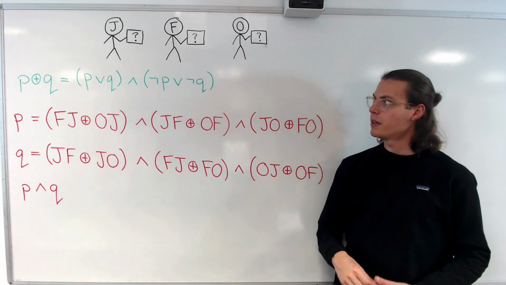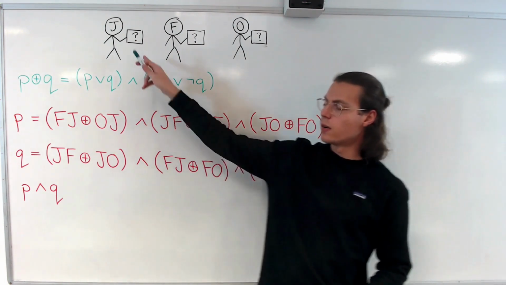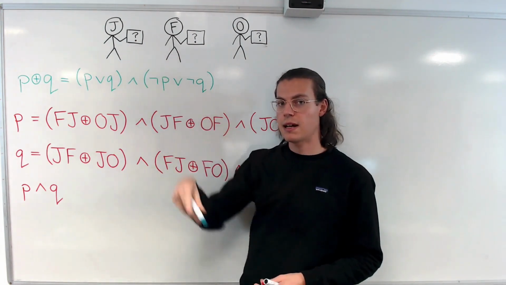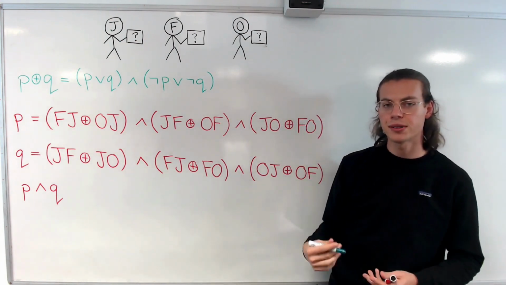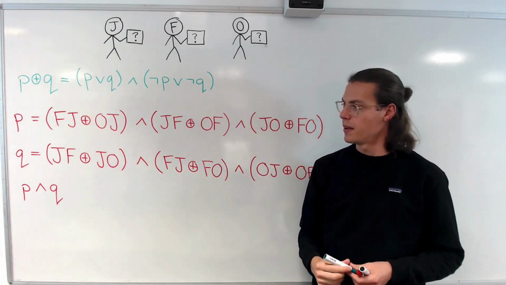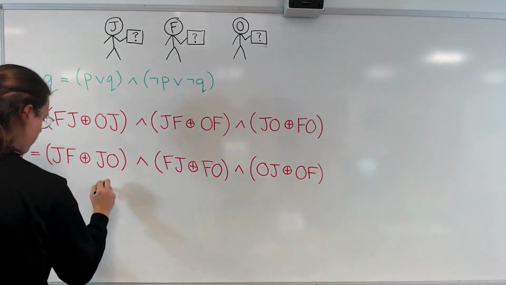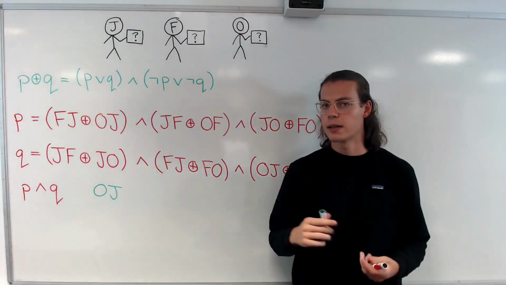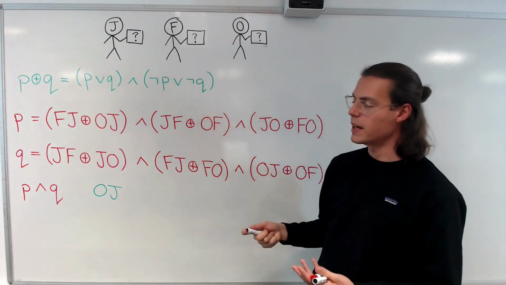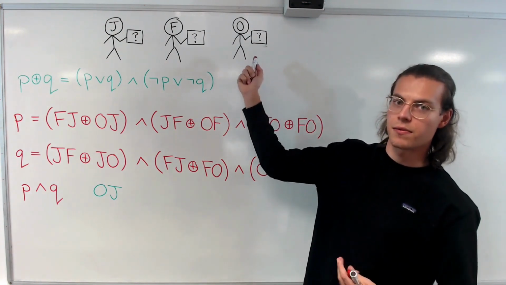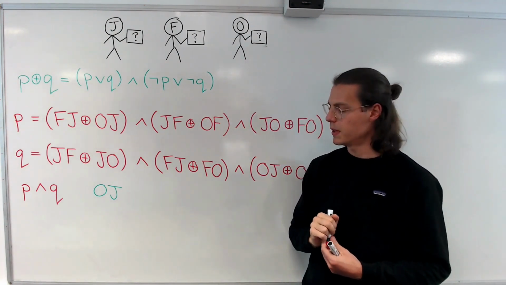Now suppose we look at Joel's piece of paper and it has the name Oscar written on it. That is, OJ is true. Can we deduce what name is written on each of the other pieces of paper?